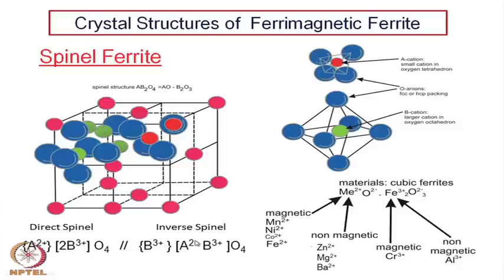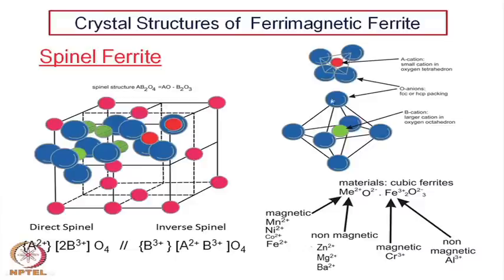So, that is the redistribution that happens, and that is typical of what we call the inverse spinel. Incidentally, all ferrites containing Fe2O3, which we have discussed just now, crystallize in the inverse spinel structure. So, ferrites means inverse spinel structure, not the direct spinel structure.